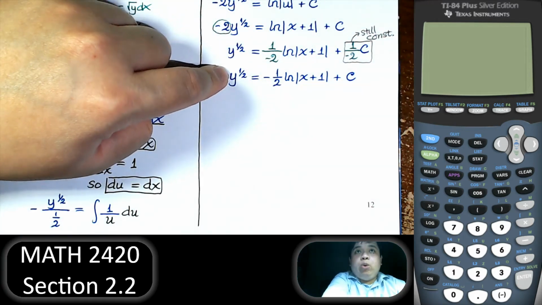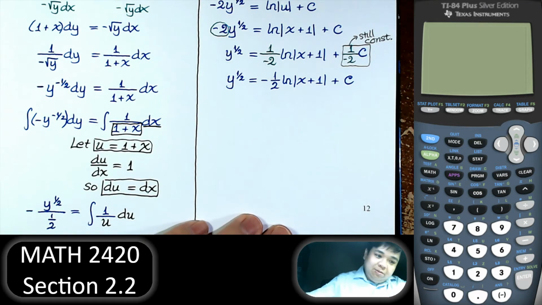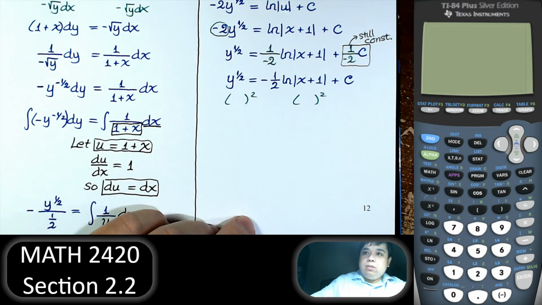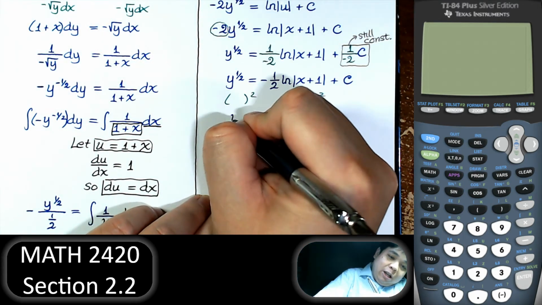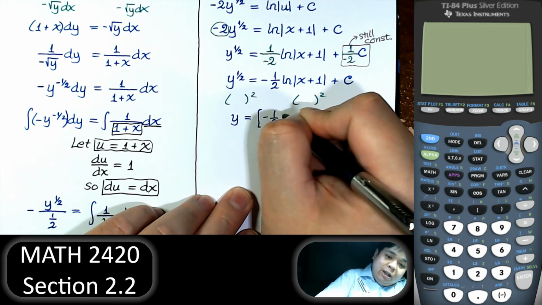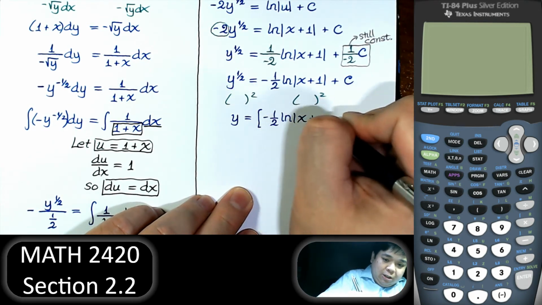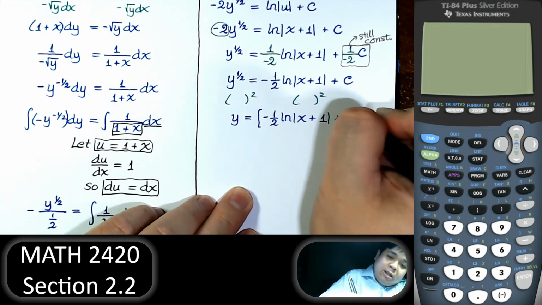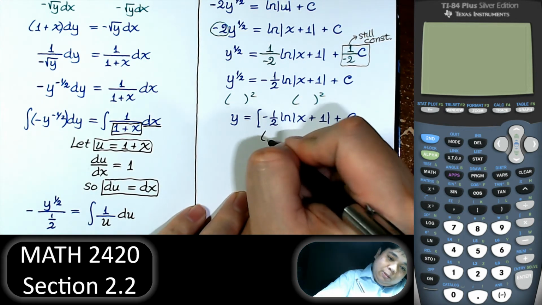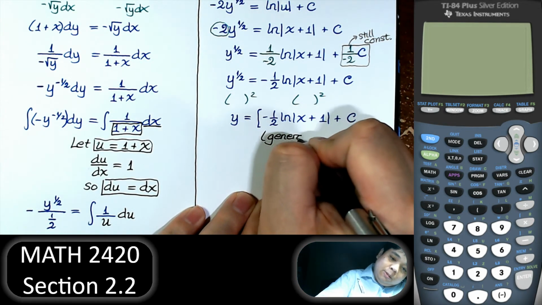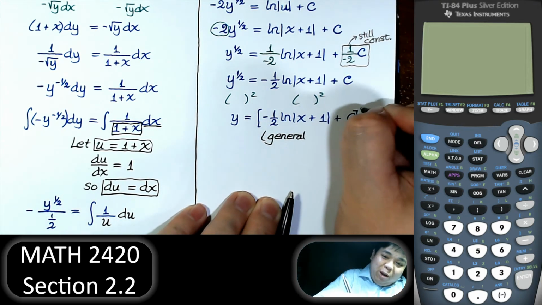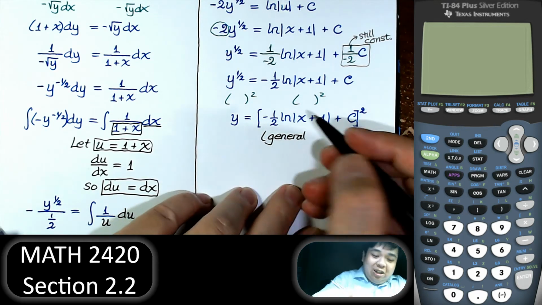To get rid of the square root, why don't we square both sides? And that gives us y equal to negative 1/2 ln of x plus 1 plus c, squared. So that is the general solution, with the constant c, because we haven't finished, sorry. We'll square both sides, right? So that is a general solution.